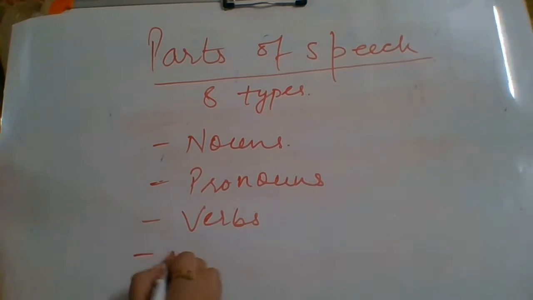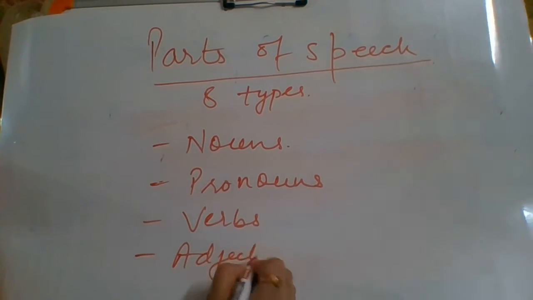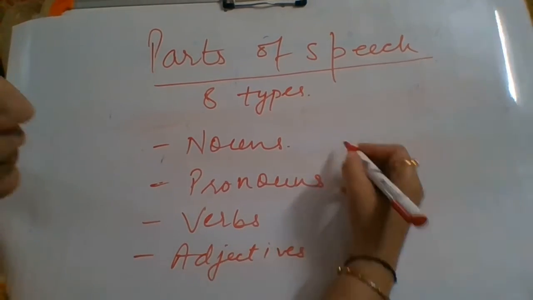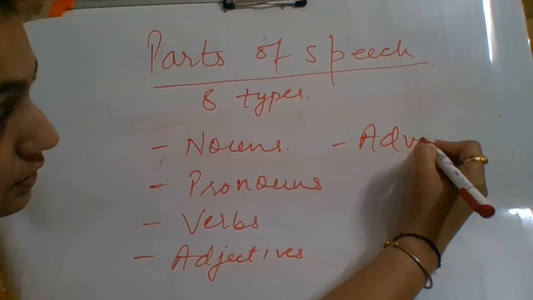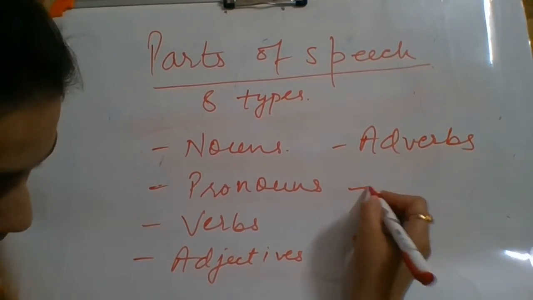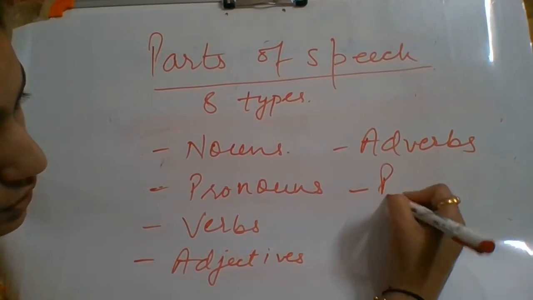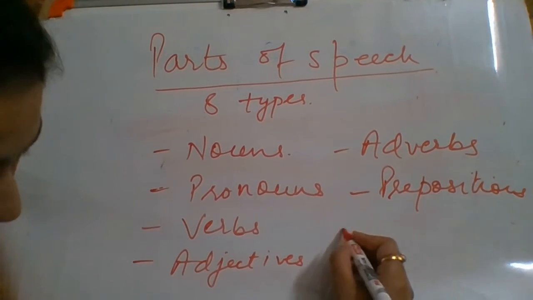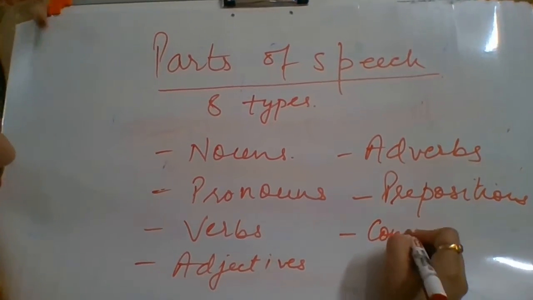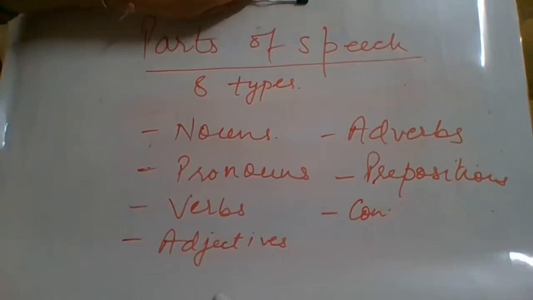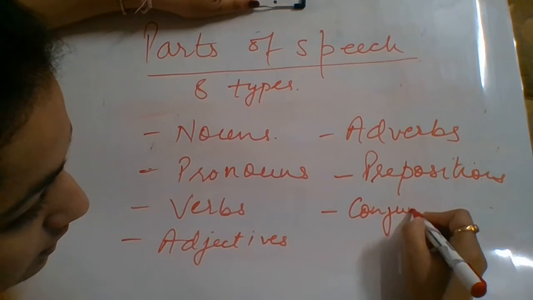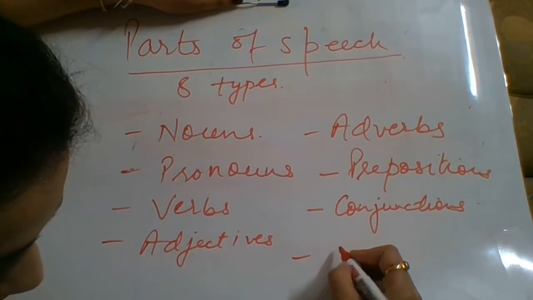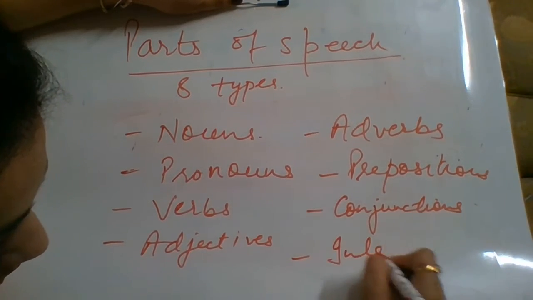Then it contains adjectives. Then, one, two, three, four, fifth is adverbs. Then it has prepositions. Sixth is conjunctions. Then eighth, last is interjections.